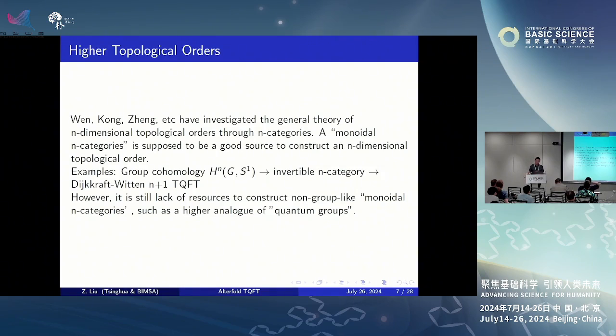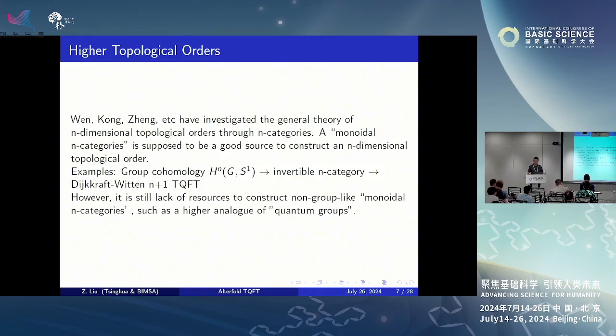There are examples like the group cohomologies. We can start with the group cohomology theory and construct an n-category called the invertible n-category, since all the objects are group-like and they are all one-dimensional. Then we also construct the (n+1)-dimensional TQFT, the Dijkgraaf-Witten TQFT. However, if we want to do something non-group-like, it's really difficult.